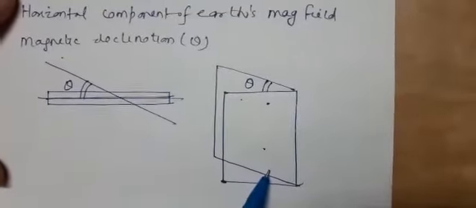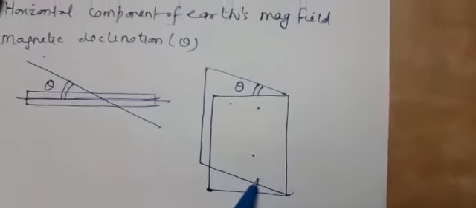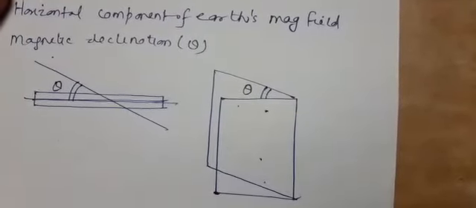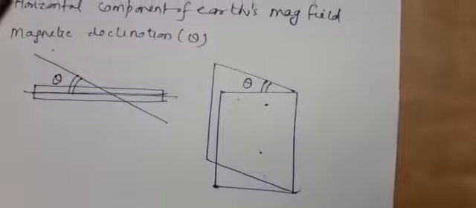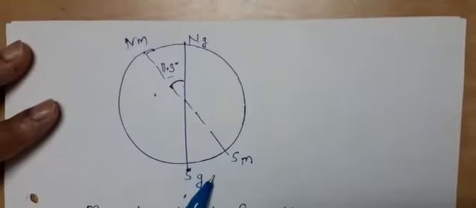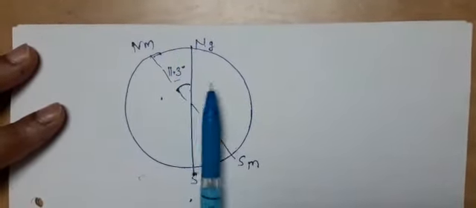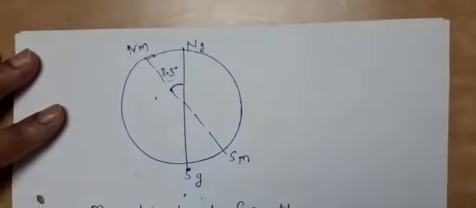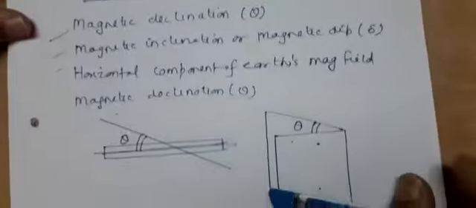Basically it arises because the fictitious axis of the bar magnet responsible for Earth magnetism does not coincide with the axis of rotation of Earth. We are assuming this is the fictitious axis of Earth magnetism and it is not coinciding with the geographic axis, that is the axis of rotation of Earth. So due to it, there exists magnetic declination.